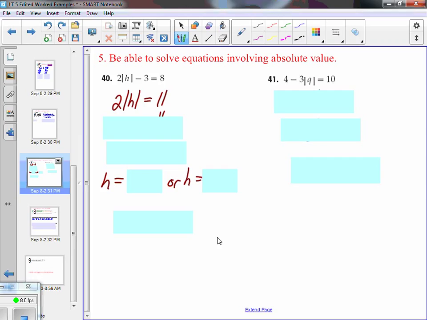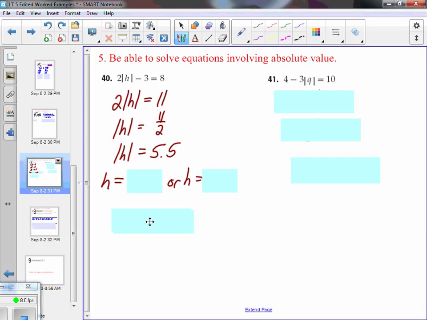To continue solving for the absolute value of h, I need to divide both sides by 2, don't I? No 2 on the left, it's just the absolute value of h. And on the right equals 11 halves. And if you want to write 11 halves as 5.5, fine. I don't care if you do or not. Either leave it as 11 over 2 or write it as 5.5.